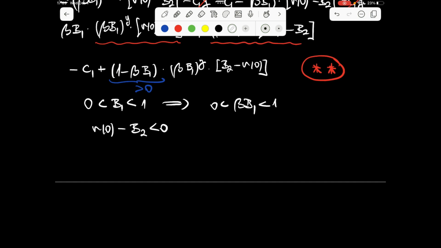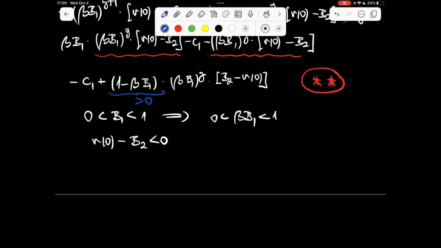So given this inequality, this guy is strictly positive. So everything is positive in this expression.